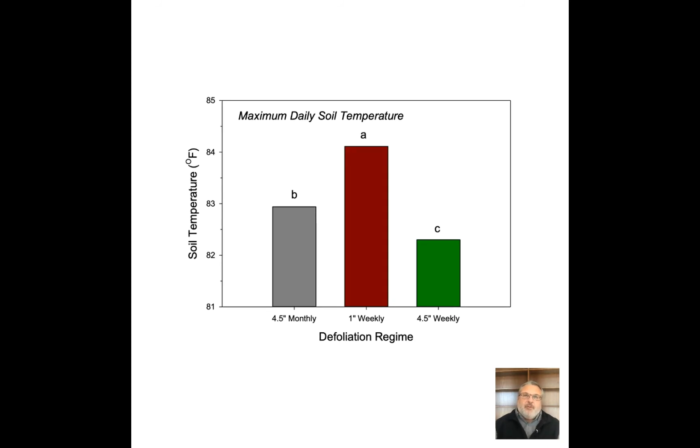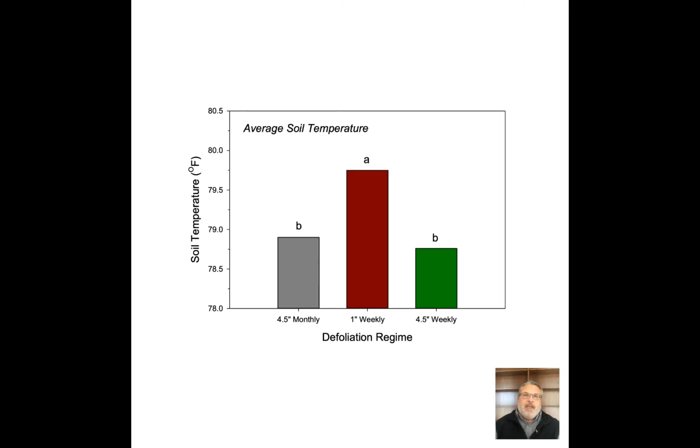The maximum soil temperature, again, was lower with the 4.5 inch treatment. And the average soil temperature was lower with the 4.5 inch defoliation treatment. So leaving that more residual height helped moderate both ends of the extreme in terms of the maximum and the minimum daily soil temperature.